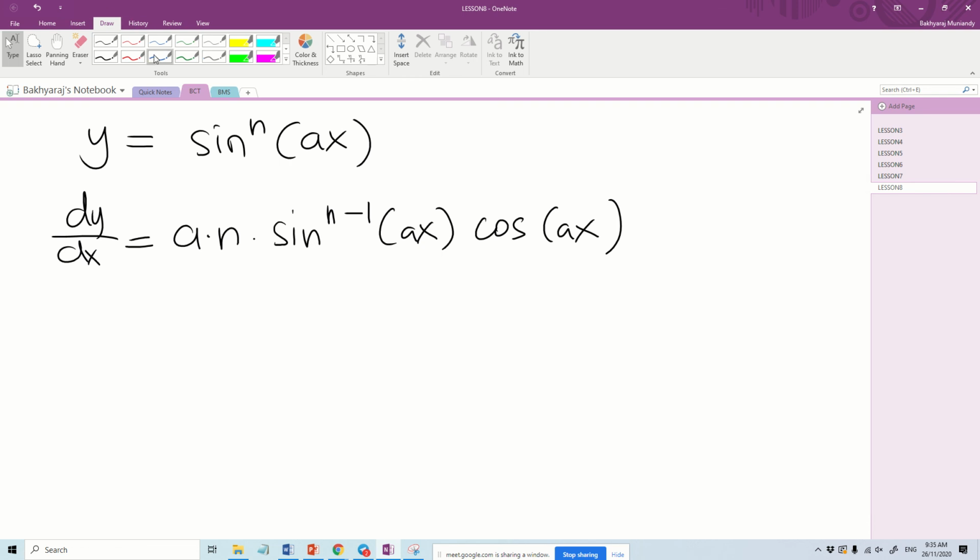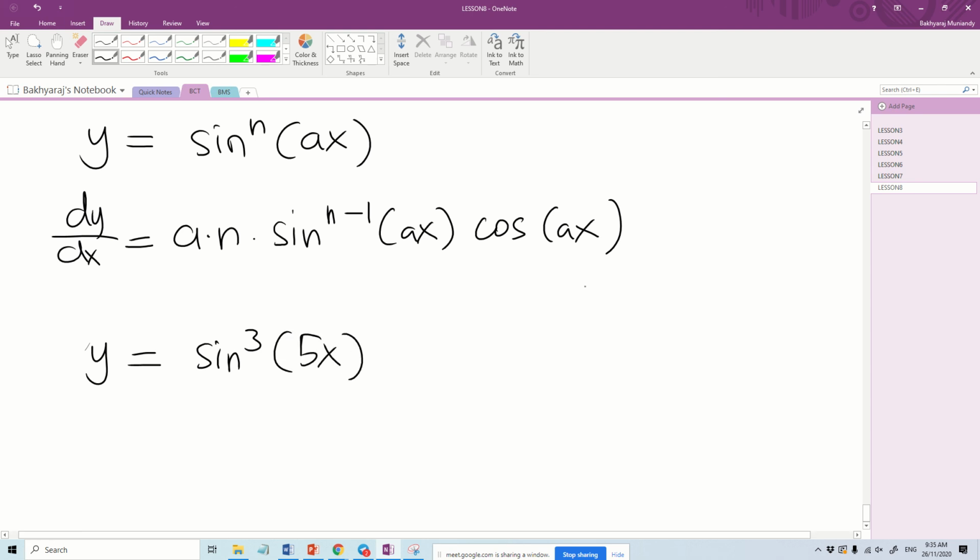Okay, so I give you one simple example. Let's say I give you y equal sin^3(5x). So you just follow the formula. So the formula is what? dy/dx will be equal. So what is our a? So a is 5 and then n is 3 dah.